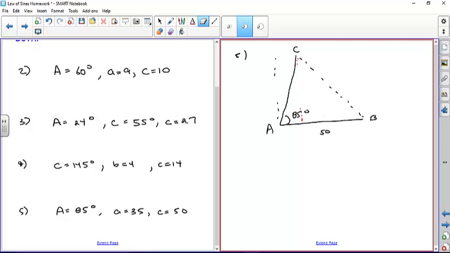What you'd have to do is say this is 35, and we would switch these angles. So this would be angle C and B. So we'll switch those around. We'll call that C. We'll call that B.